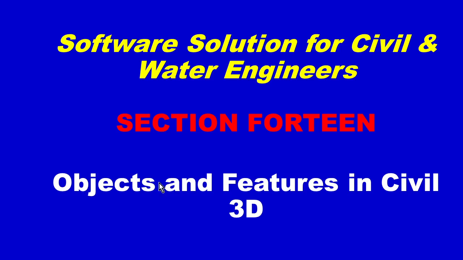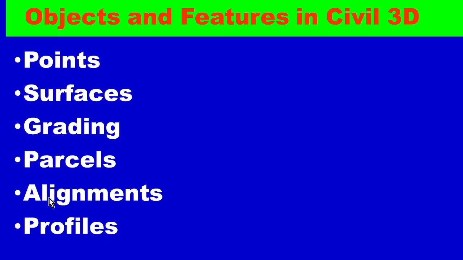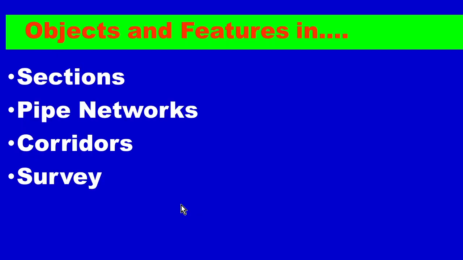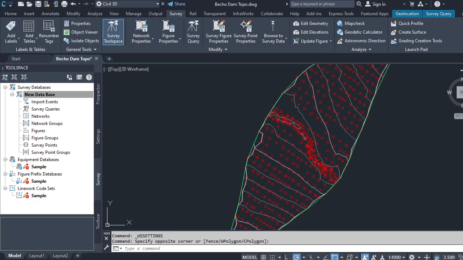We use all of them during our design. So these are points, surfaces, grading, parcels, alignments, profiles, sections, pipe networks, corridors, survey. If you want to see them, they are all here.